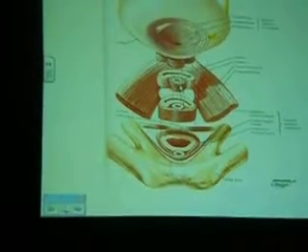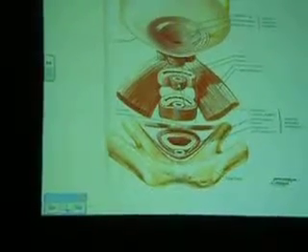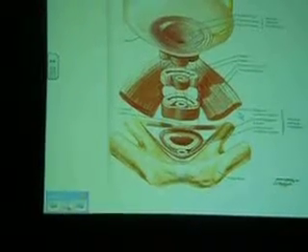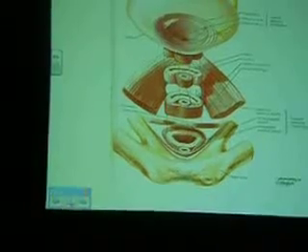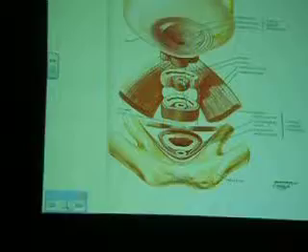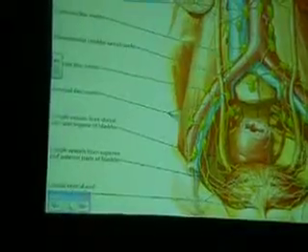And the urethra, the control of the bladder, is the external sphincter mechanism. There we are. We have the sphincter urethrae and the compressor urethrae. S2, 3, 4, pudendal nerve, Onuf's nucleus.